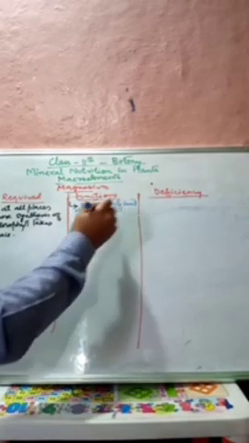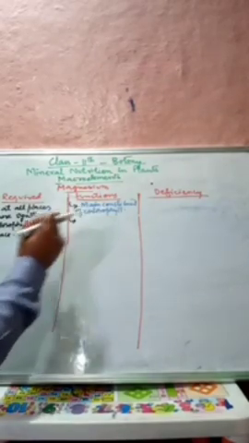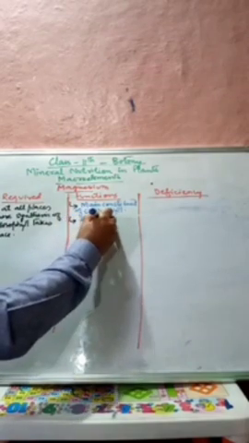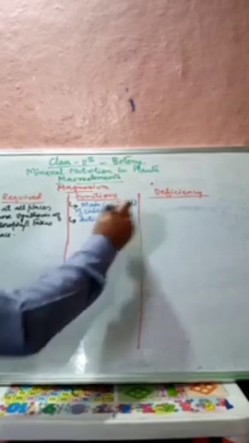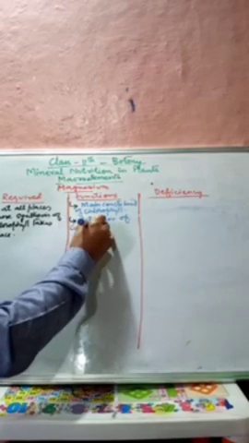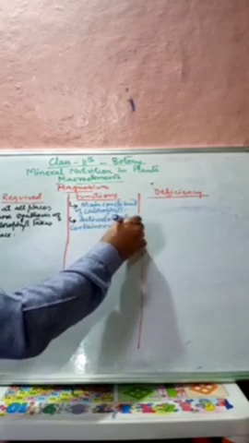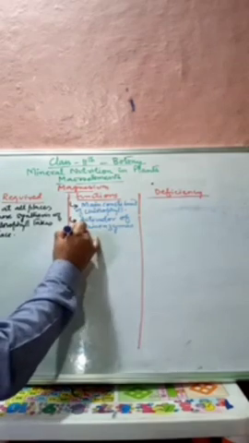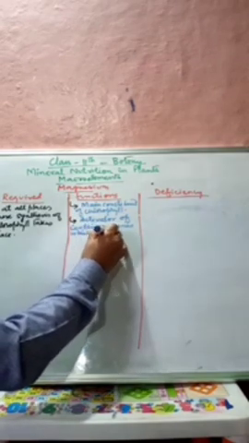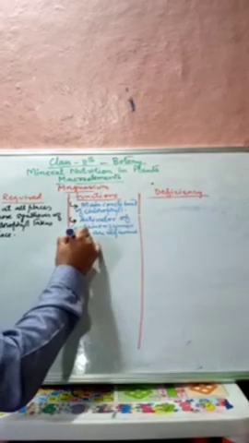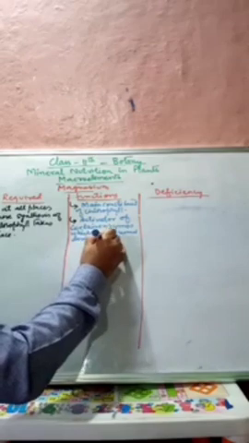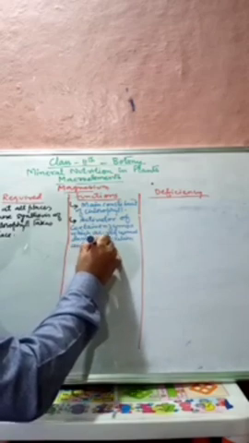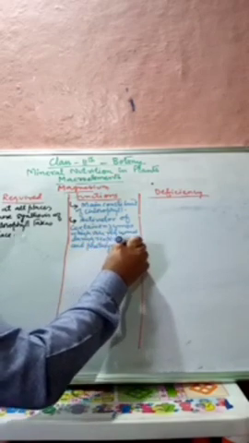Second one: activator of certain enzymes. Magnesium plays an important role in activating certain enzymes. Which enzymes are they? Those which are required during respiration and photosynthesis. So this is the second function.